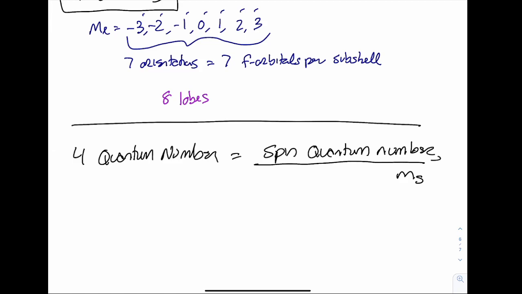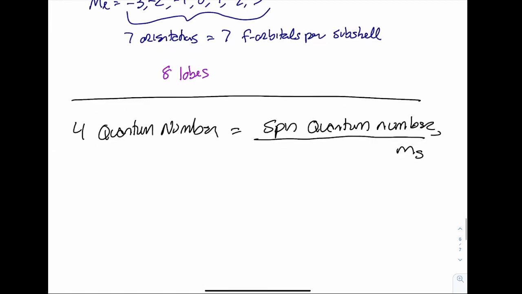So spin quantum number. And essentially the deal is that electrons spin. So not only do they follow a wave-like pattern as they move, but they're also spinning as they move, kind of like a top. And they can spin in 2 directions. They can spin clockwise or they can spin counterclockwise. And those are my 2 values.